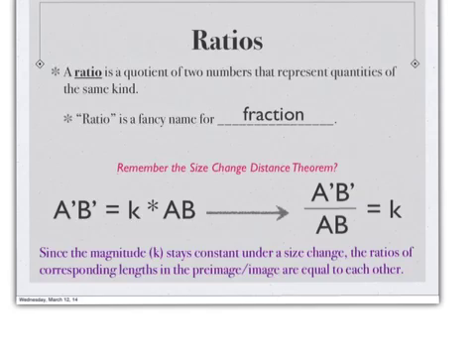So if I have two triangles where one is a size change of the other, if I divide a big side by a small side, and then pick another pair of sides and divide the big side by the small side, they should both come out to be that same K value. Let me draw that so you can see.